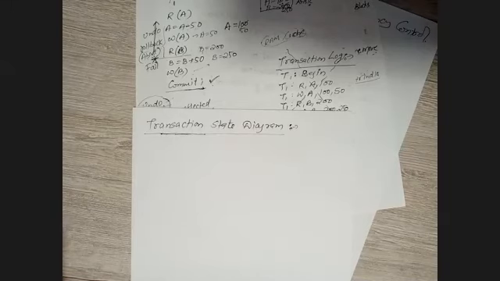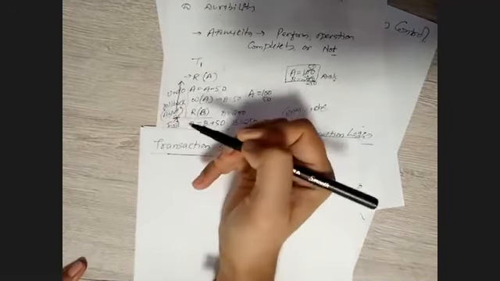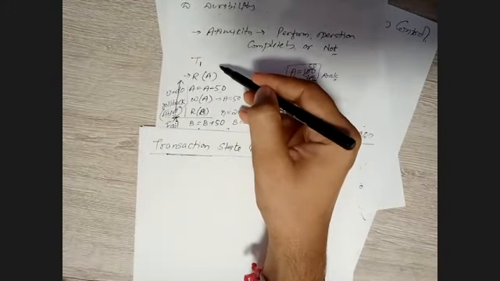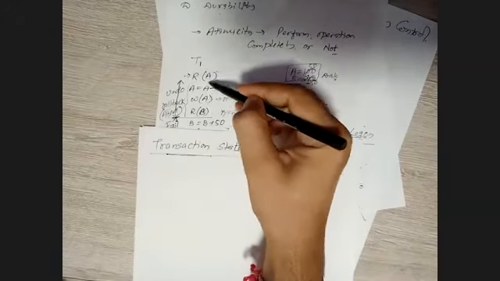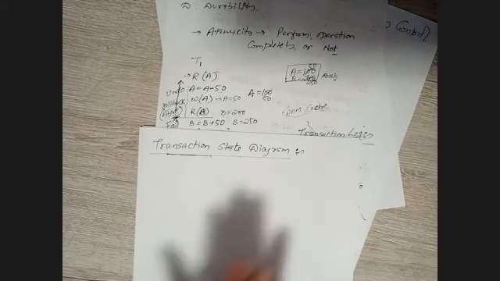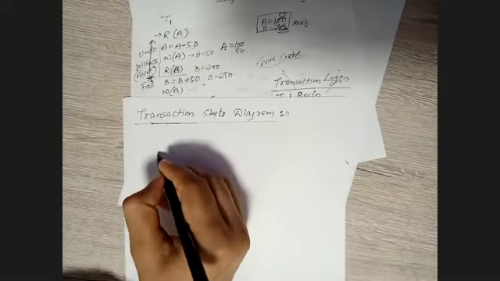For example, we started from over here. Before this read operation, we didn't start the transaction, so the state of the transaction was passive. But once we started the transaction, it changed its state from passive to active. And who is going to change the state? Definitely, we have the CPU.